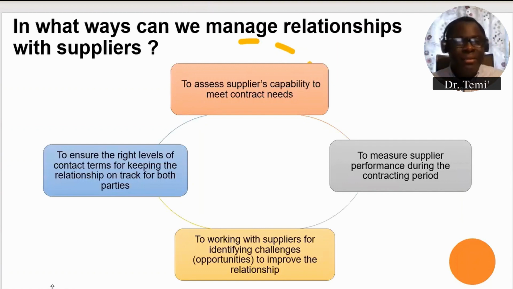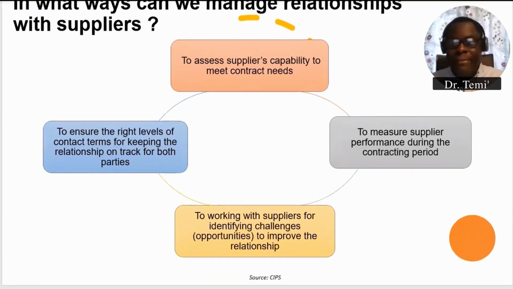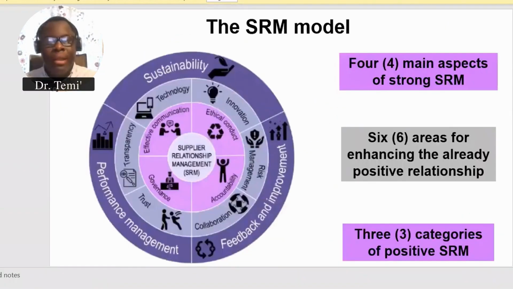This is not exhaustive examples of how to use relationship with suppliers. These are just some of the options. So I will encourage you to read some of the materials that I've uploaded on Canvas to enable you expand your view on ways to manage suppliers.